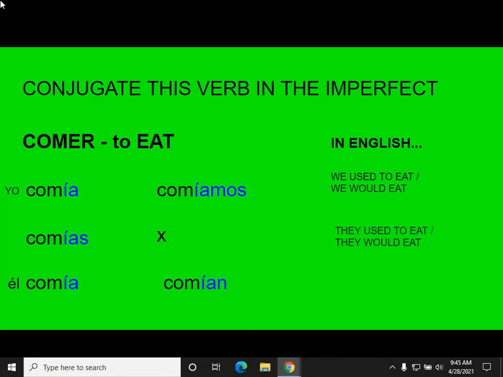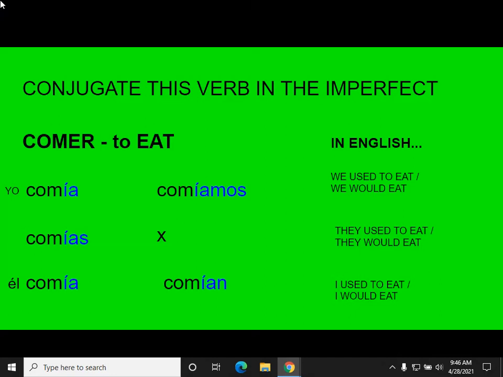Ellos. So they used to eat or they would eat. And the last one is going to be yo comía, and that would be I used to or would eat. So please make sure that used to and would is used on at least one of the definitions, okay? So it might be two and one.